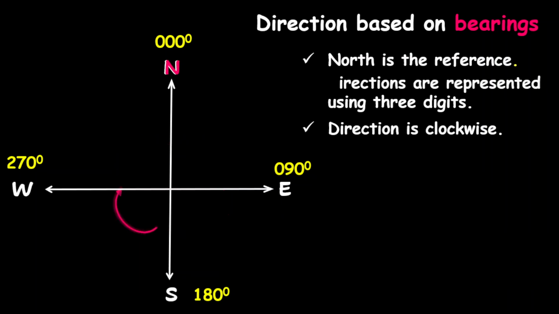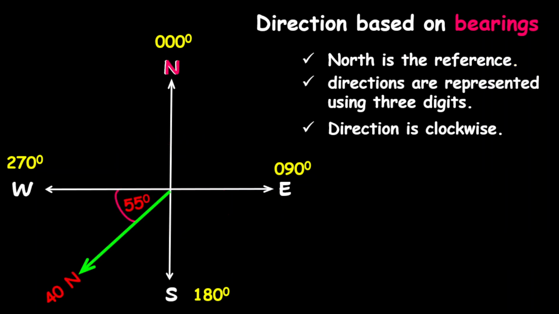Let's look at an example. Let's say we have 40 newtons at an angle of 55 degrees below the western line. How do we present this vector in terms of bearing? We can do a number of things. One, we can determine our direction again from north, and then look at the missing angle, which here is 35 degrees.